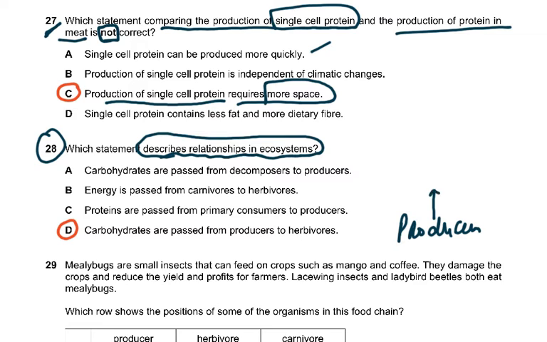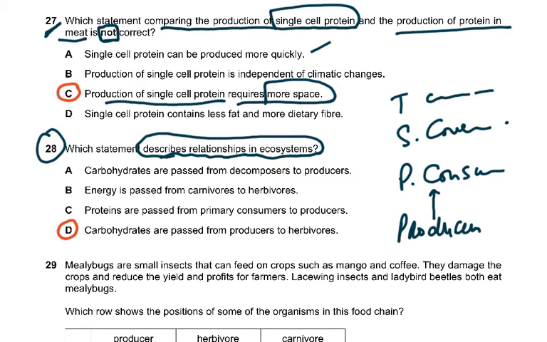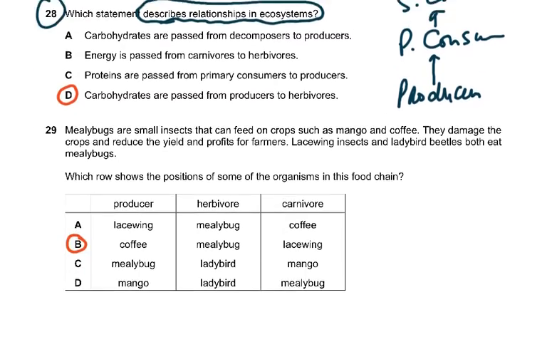And then we have the consumers. First is the primary consumer, then you have the secondary consumer, then the tertiary consumer, and then, of course, the quaternary consumer. So you know how this is. It couldn't be the other way around. So the answer to that was D, which is that carbohydrates are passed from producers to herbivores.